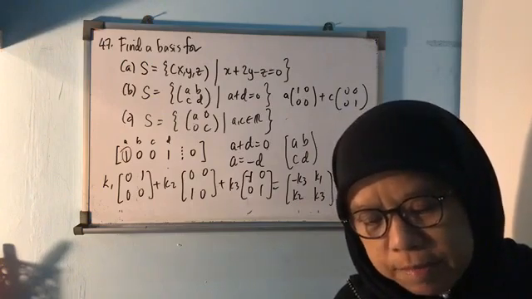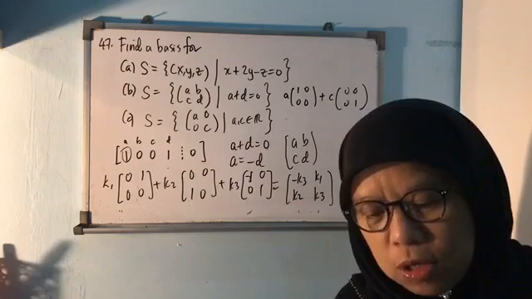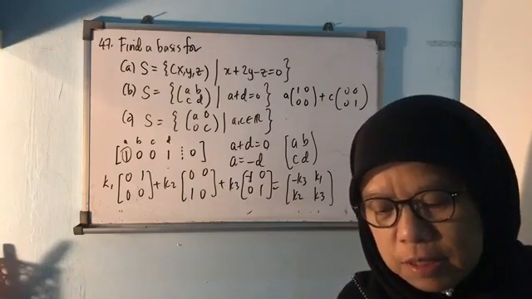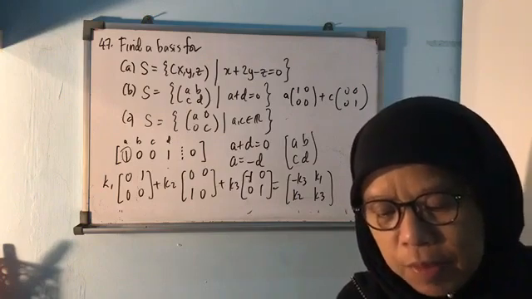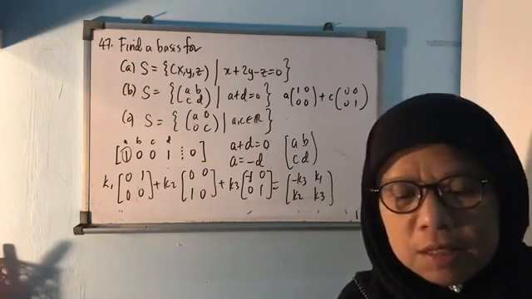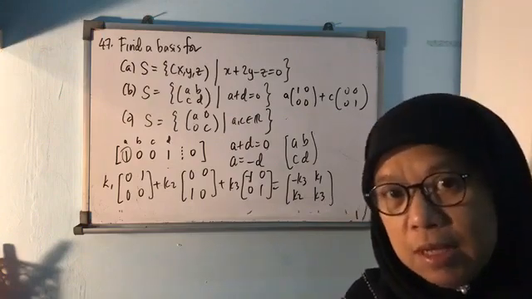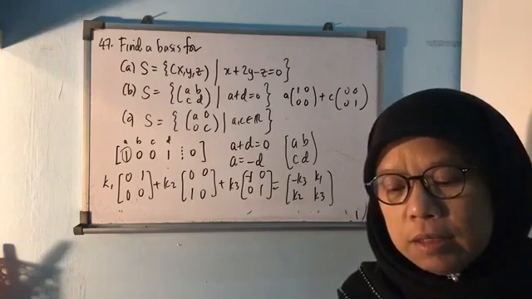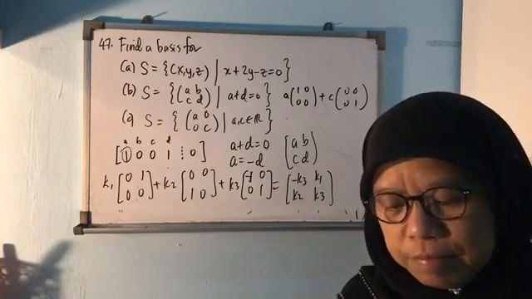Lupa pula nama dia. Row space and column space. Okay, row space and column space and null space. There are three things. And then I will go to the Gram-Schmidt. Gram-Schmidt is the last part. Then we'll finish chapter 3. Okay.